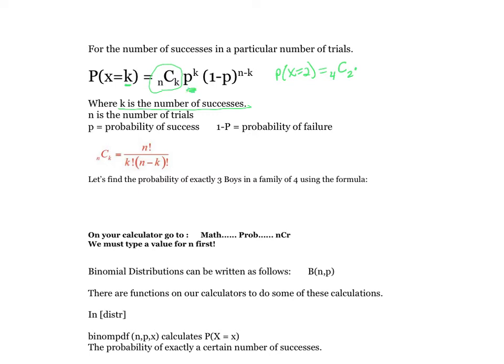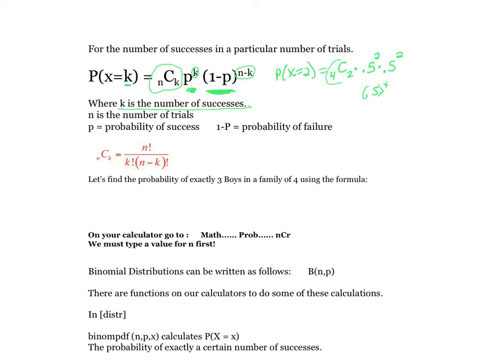Then it's the chance of success, which is, in this case, 0.5, times how many I want, which I wanted 2 males. Then I multiply that by the chance of failure, which in this case is still 0.5, because having boy and girl, we said, is 50-50, times how many girls I want, which should be 4 minus 2, or 2. So the 0.5 squared and the 0.5 squared, I think that makes sense. That's really 0.5 to the 4th, right?